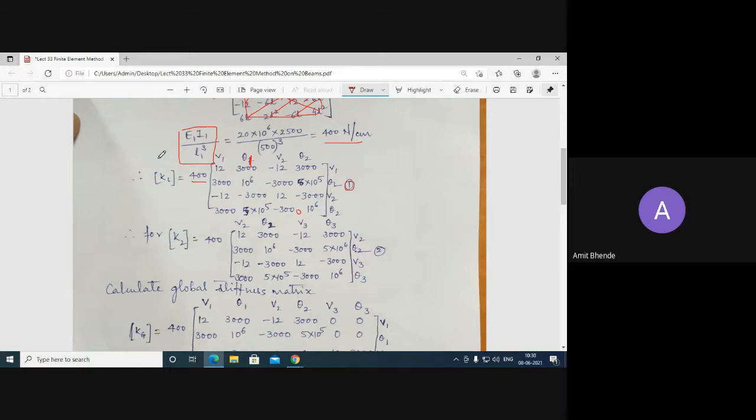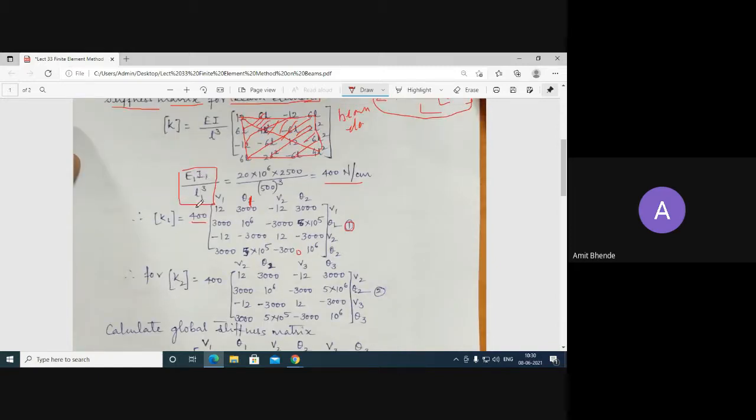In exactly the similar way, we will calculate the element stiffness matrix for the second member. So K2, that is E2 I2 upon L2 cube. Here the Young's modulus, the moment of inertia and the length, all three values are the same for the second element. So this multiplying factor will also come out as 400 here.